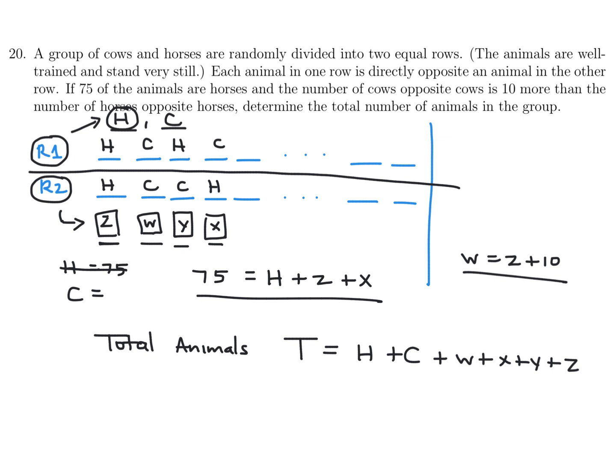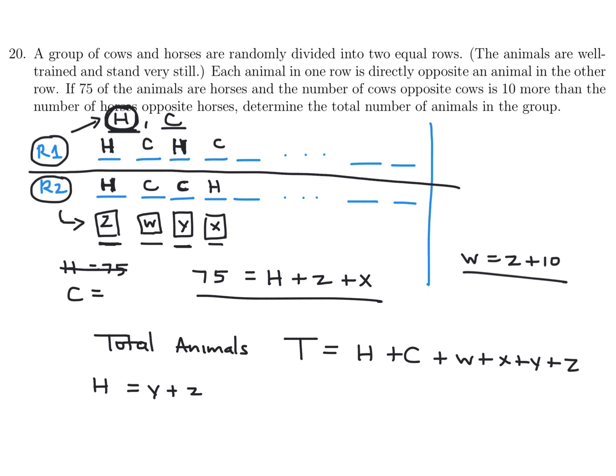Let me think about this. I think the only other equation is to equate row 1 with row 2. In row 1, all the horses are denoted by H. But each of those horses is opposite either a horse or a cow. The horses that are opposite horses are called Z. The number of horses opposite a cow is denoted by Y. So that means that H is equal to Y plus Z. It matches one by one.